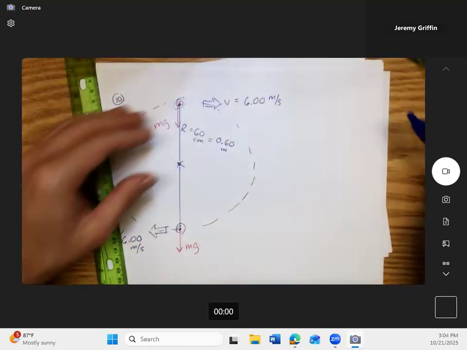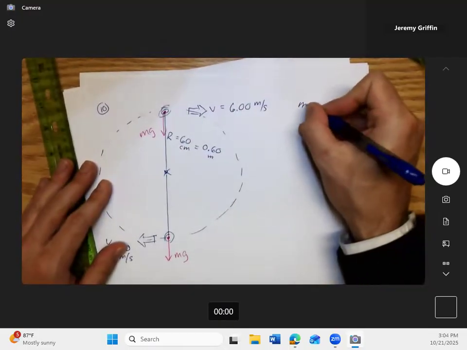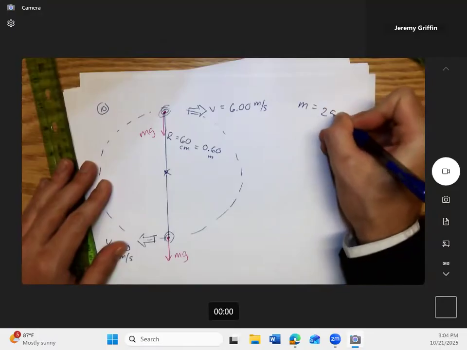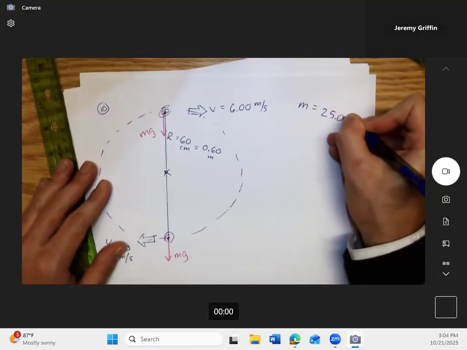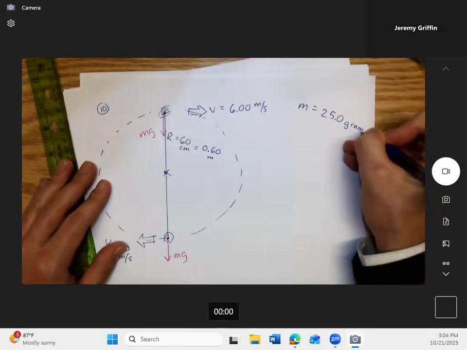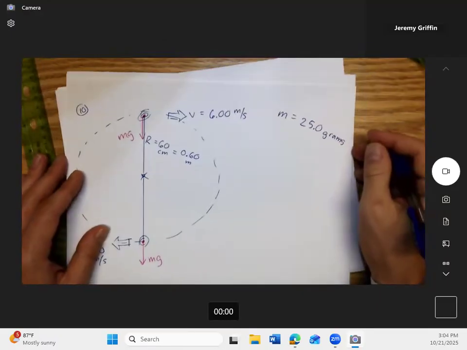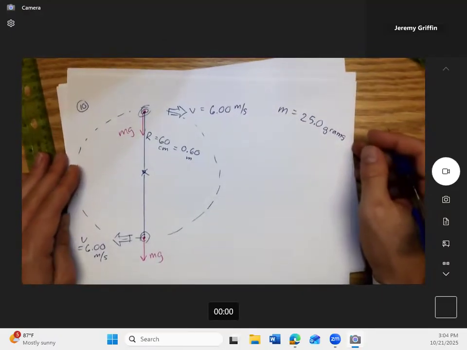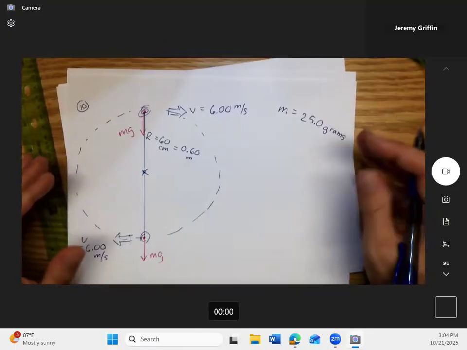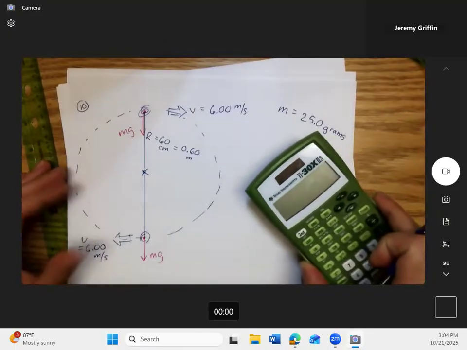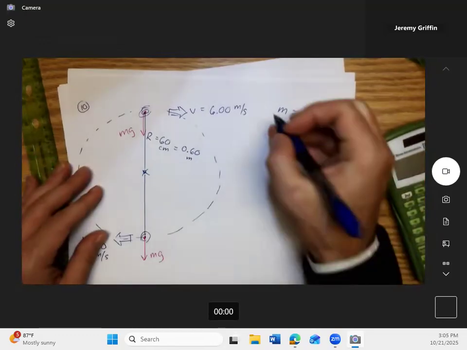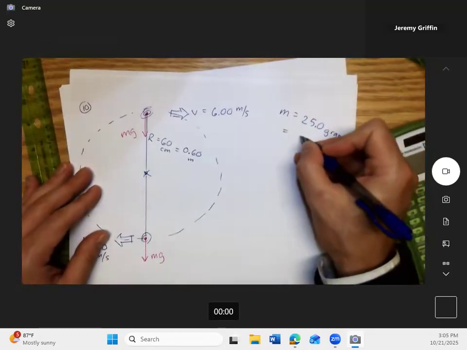So mass is equal to 25.0 grams. Do I want grams as the base SI unit for mass? What do I want? Kilograms. All the numbers we're going to feed into the calculator, the masses have to be in kilograms. How many kilograms is this?